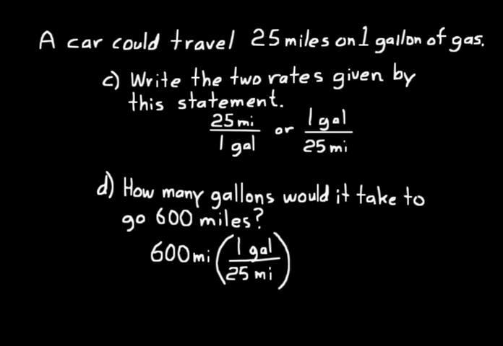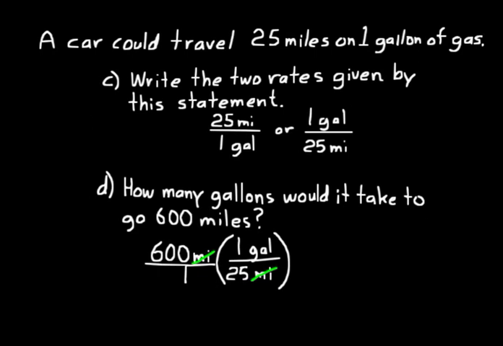Now we haven't really worked with the problem yet where we had a number other than 1 in the denominator. Remember what we can do on these. We can always think of that 600 miles as a fraction by just putting it 600 over 1. Cancel our units. We canceled our miles. And we're left with gallons. So think about what we have here.